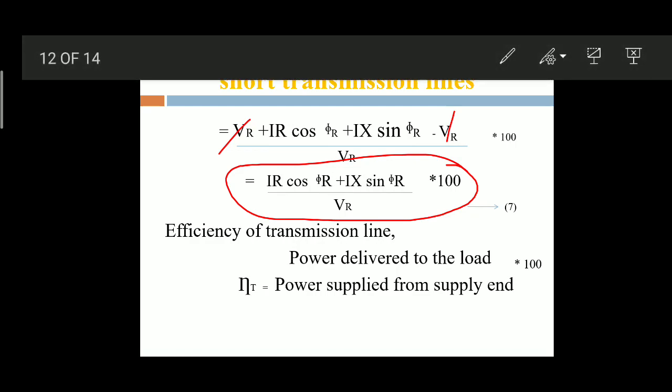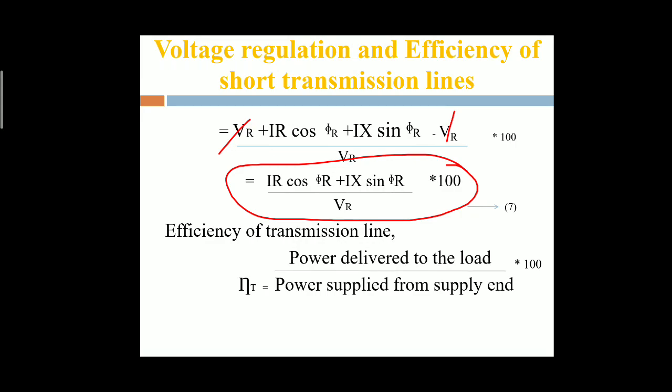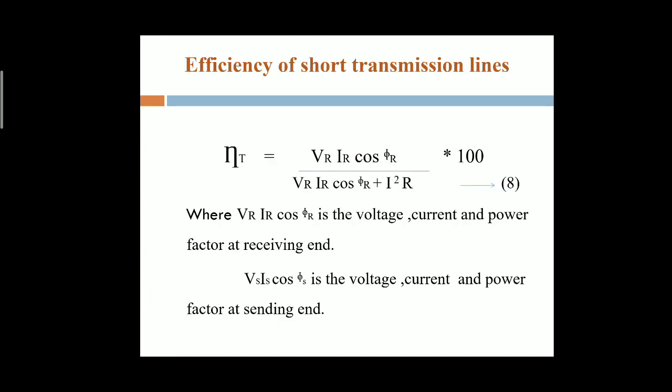First of all, what is meant by efficiency? The efficiency of a transmission line is defined as the ratio of power delivered to the load to the power supplied from the sending end.